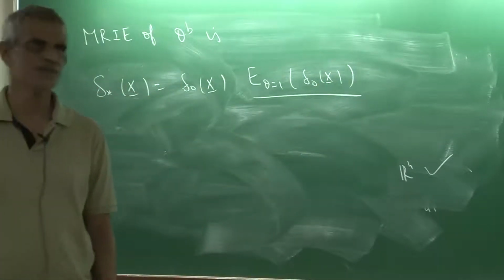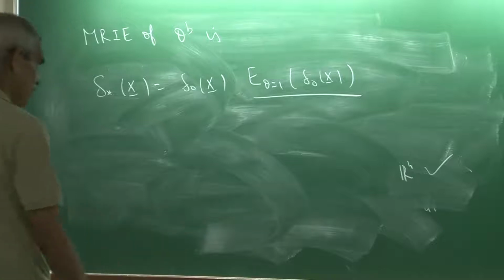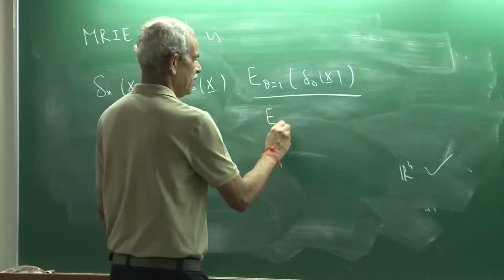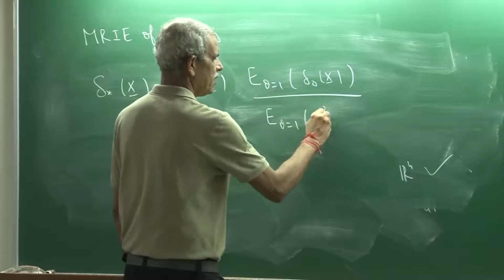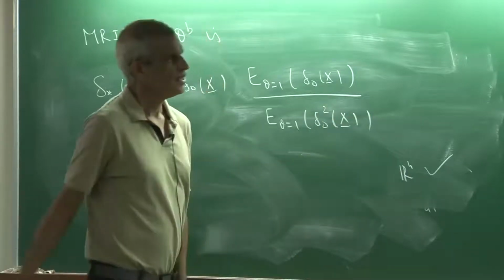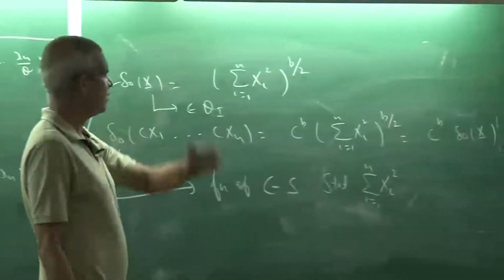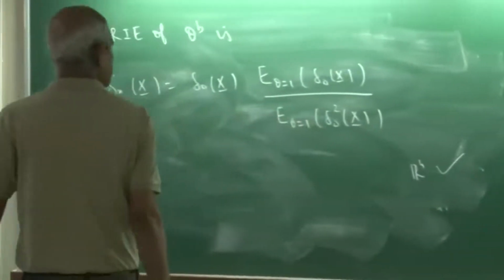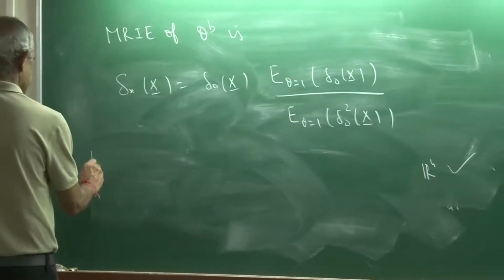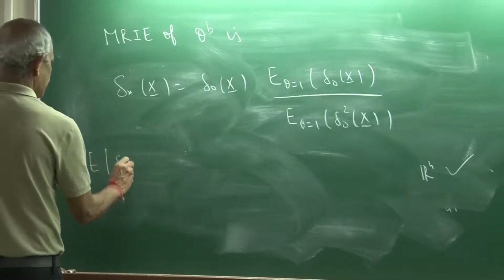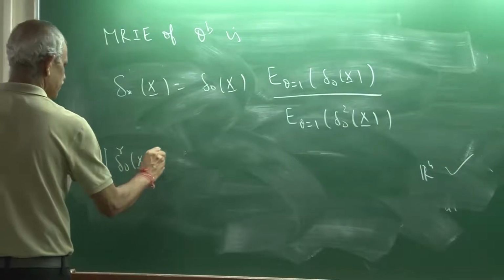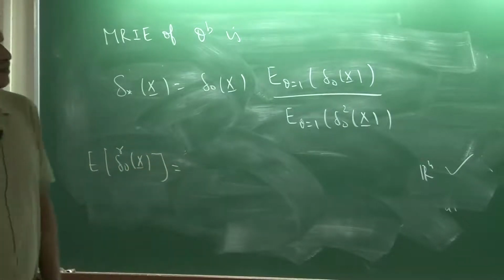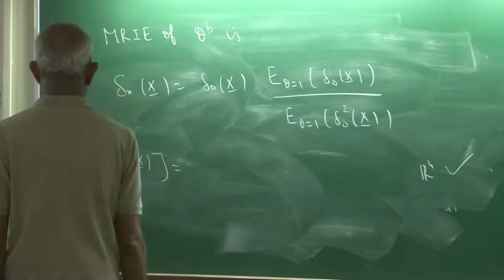There is no conditional distribution because my delta naught is a function of a complete sufficient statistic. So I need to find the expected value of delta naught of x, or delta naught to the power r of x, under theta equal to 1.